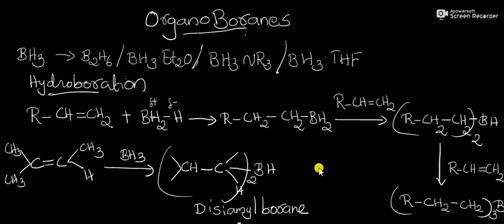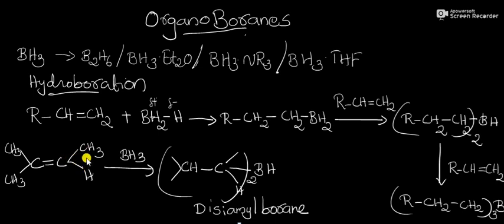Another borane is disiamylborane. When BH3 adds to this substituted olefin, the BH2 part goes to this carbon and the hydrogen part goes to this carbon. Then we get (CH3)2CH-CH(CH3)-BH2.